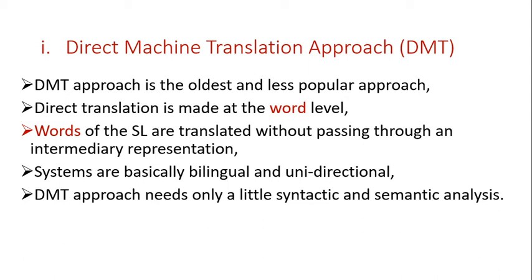Systems are basically bilingual and unidirectional. Of course, in direct machine translation the scope is very limited, so there can be only two languages, not more than that. And unidirectional means from one language to another, for example from Arabic into English, and not vice versa. So unidirectional, one direction.